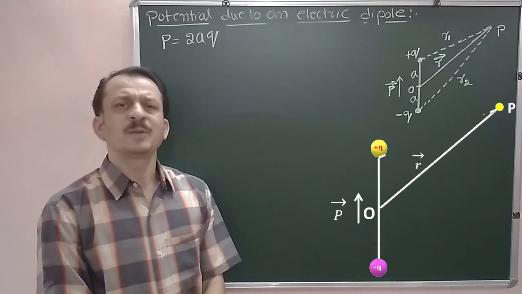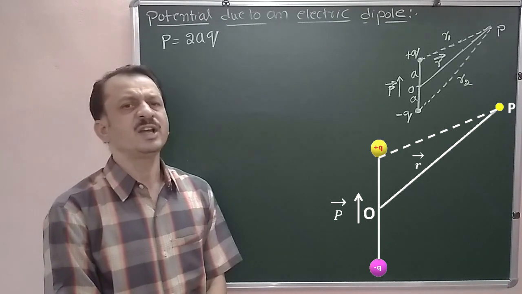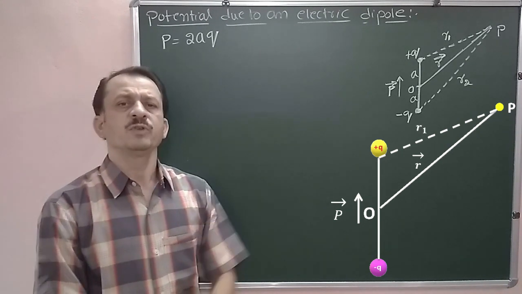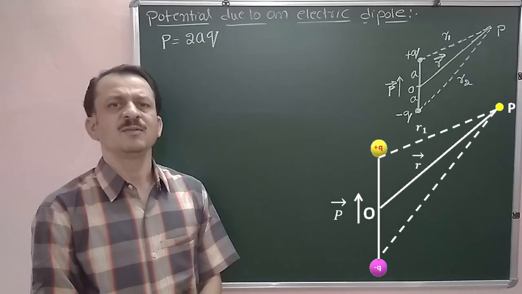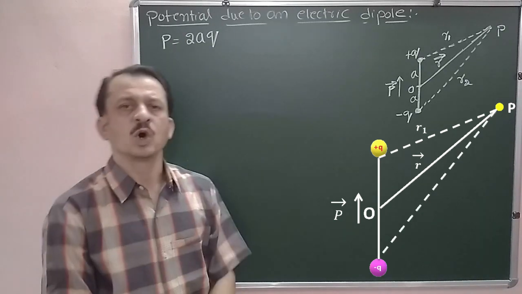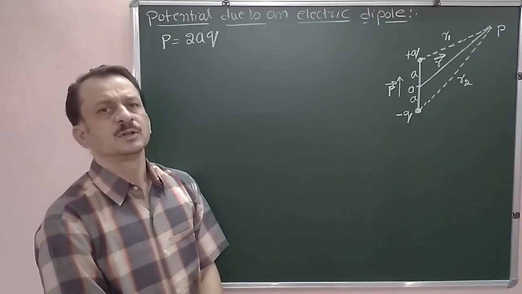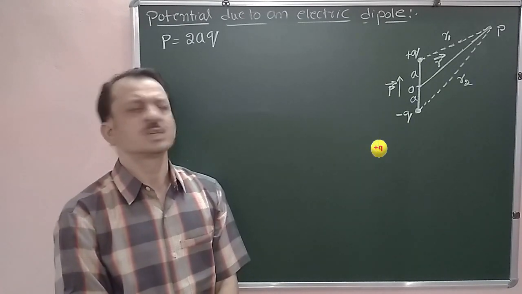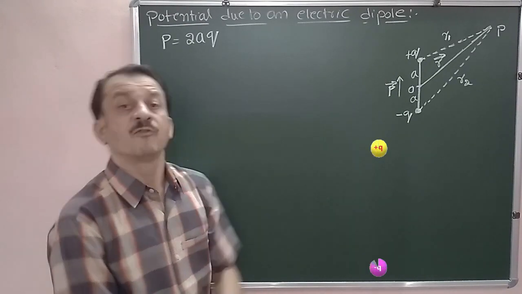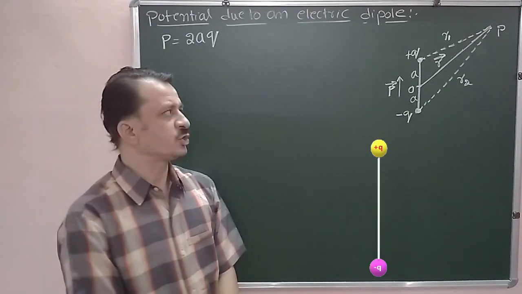Now we will consider a midpoint O as the center of the dipole. Our aim is to find the electrostatic potential at any arbitrary point P as shown in the diagram. Consider some arbitrary point P with the position vector r from the midpoint of the dipole.